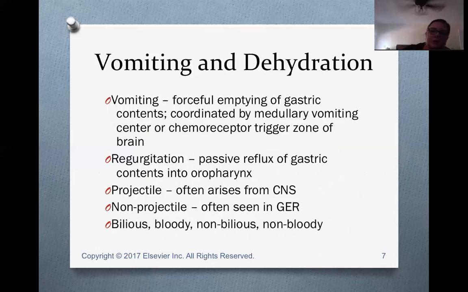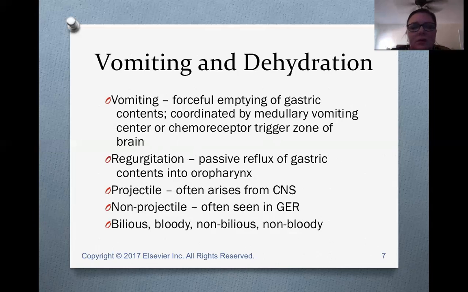So starting with the most common, vomiting and dehydration, we see tons of acute gastroenteritis in the clinical setting. And so it gets really difficult to tell sometimes at what point we need to be concerned about a child who's vomiting, and also to determine, is this just an acute problem or is this something that's been going on as a recurrent problem?